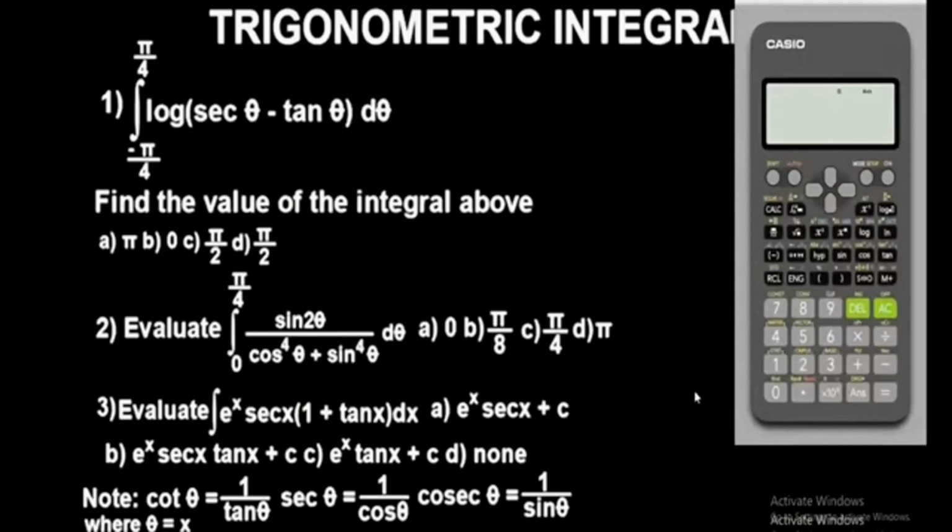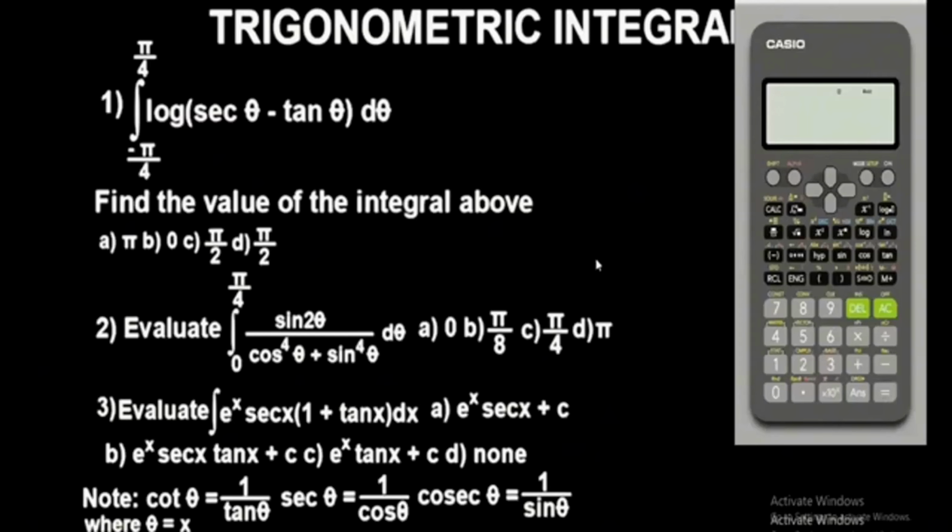This is the Casio Fx-991 ES Plus second edition scientific calculator. As usual, the very first thing you have to do is to reset it, guys. Very important to put it in default mode. To reset, press shift, 9, 3 for all, then press equal and equal again. The next thing will be to put it in radian mode.